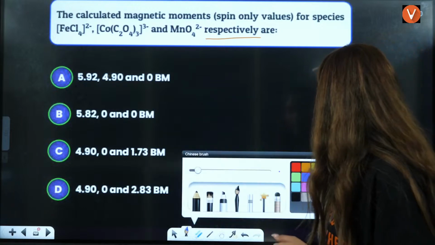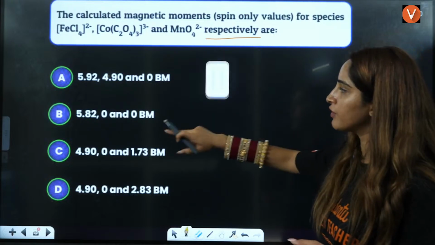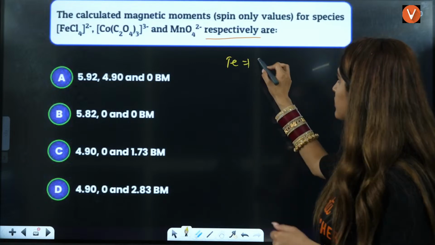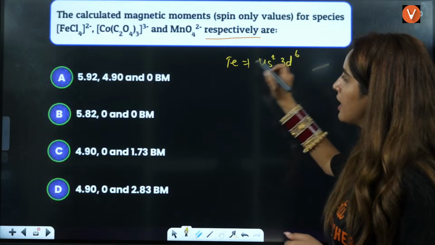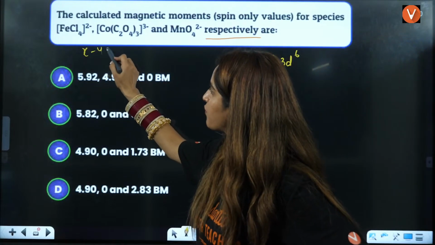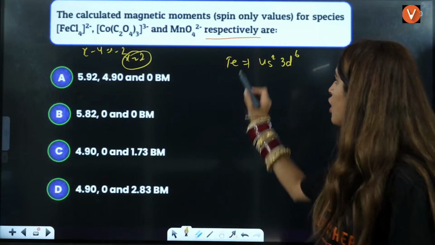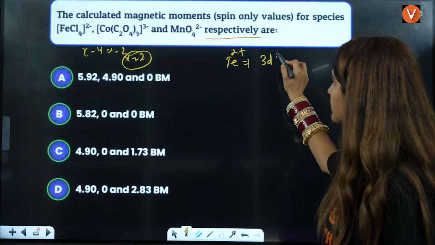So if you see Fe here, you just have to see whether it has 4 or 5 unpaired electrons. Fe is 26, so that means 4s2, 3d6. Here it exists as x minus 4 is equal to -2, that is x is equal to 2 oxidation state. So in +2 oxidation state, it is 3d6.